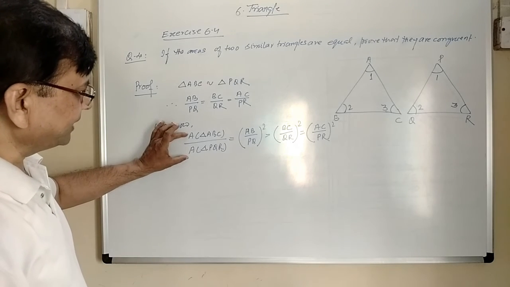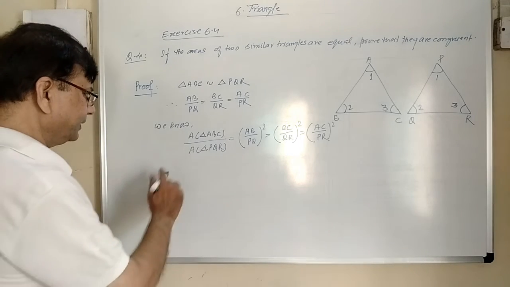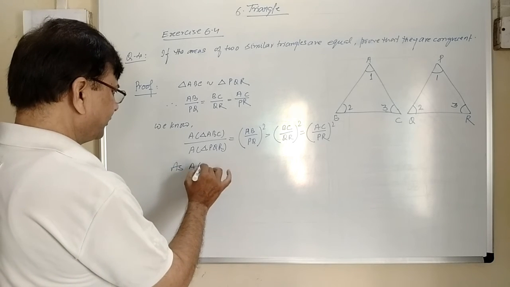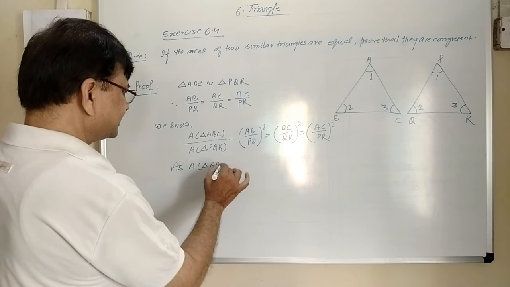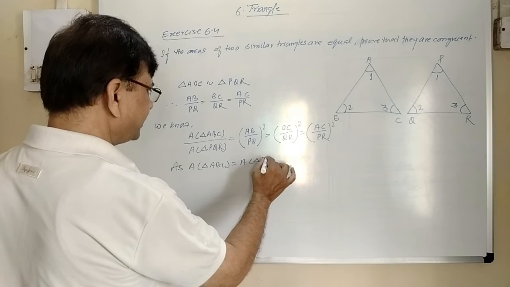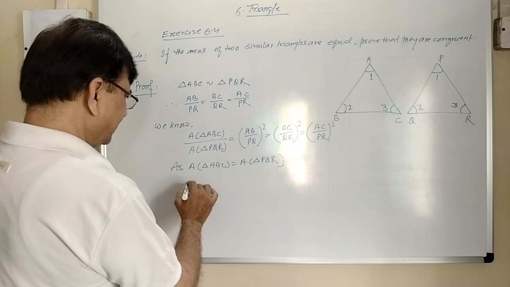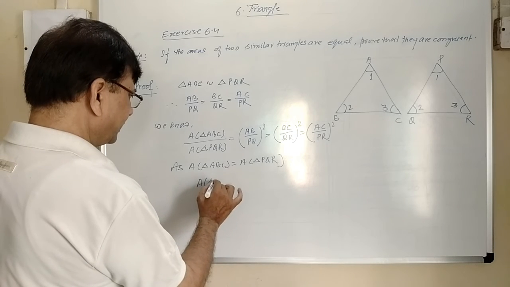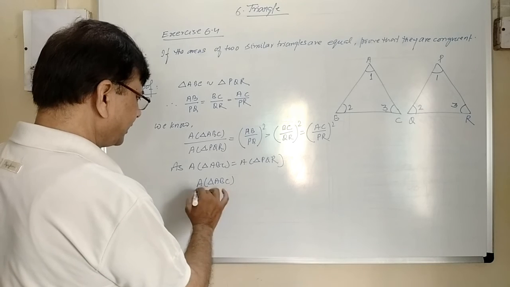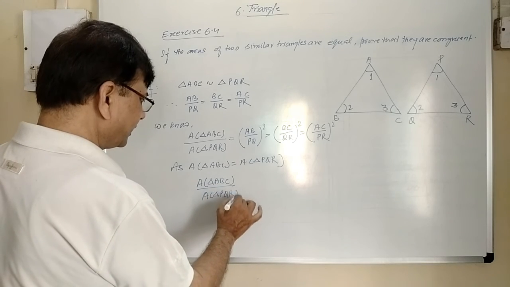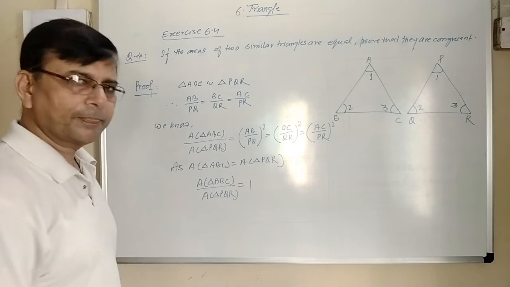And areas are same. As area of triangle ABC is equal to area of triangle PQR, area of triangle ABC upon area of triangle PQR is equal to 1.